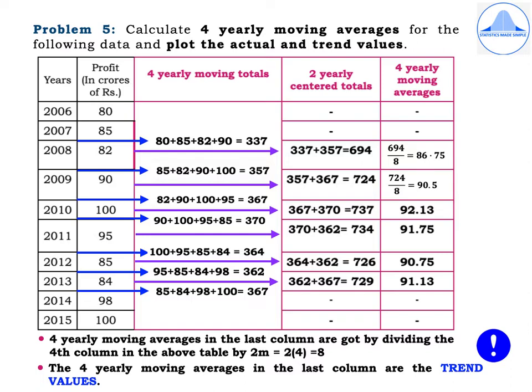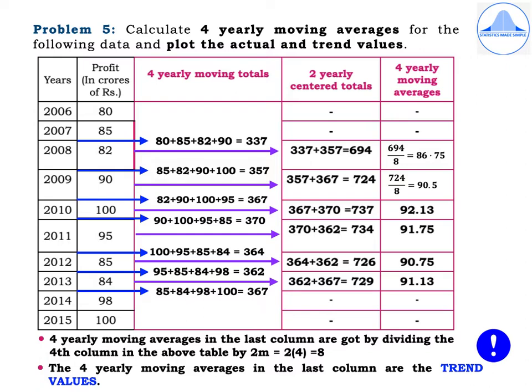So when I write the first 4 yearly moving total, it will be 80 plus 85 plus 82 plus 90 is equal to 337, and 337 should correspond to 2007.5. That is, you have to write it in between 2007 and 2008 as I have highlighted with the blue arrow.